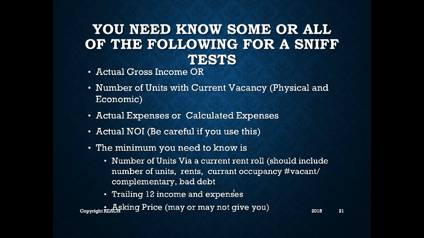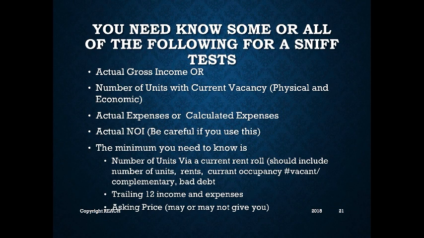It would be nice if they give you the actual trailing 12. So here's one of the vocabulary words you need to learn, a trailing 12. That's used ubiquitously in commercial real estate. What it means is the last 12 months, by month, what the income is and what the expenses are.